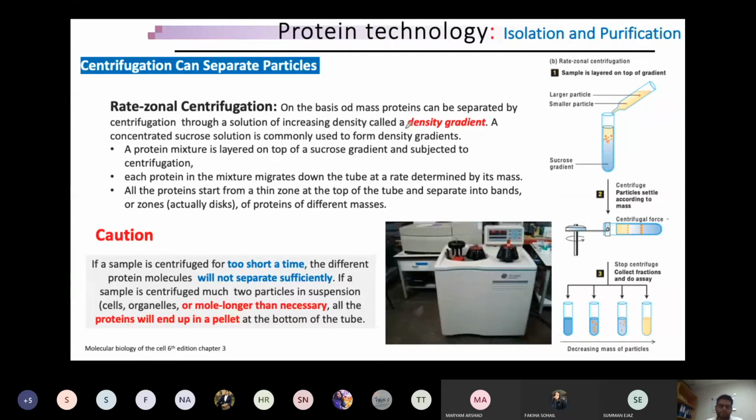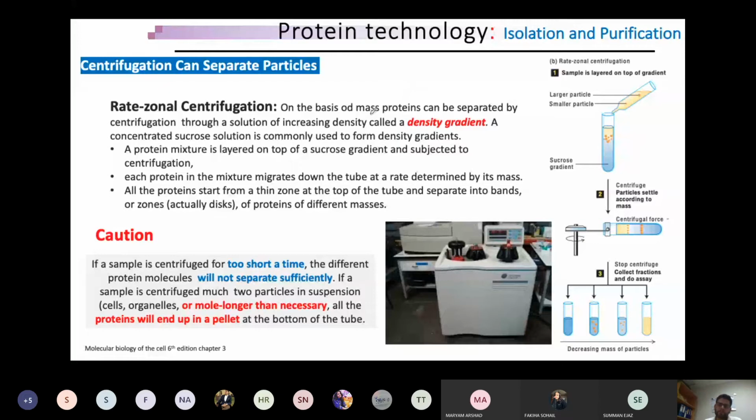You make a specific mixture of protein, specific material, which once spun will create a gradient of, for example, heavier, less heavy, much heavier. That is why this technique is also called a density gradient technique.